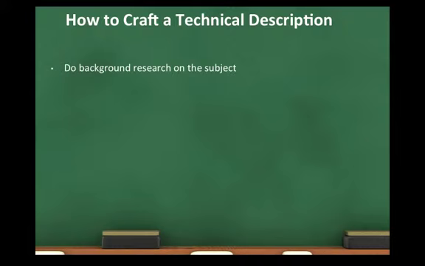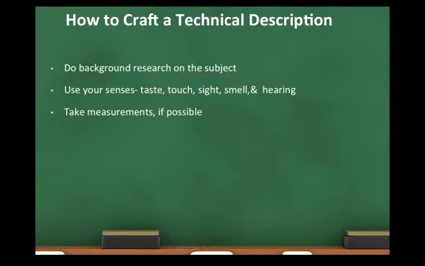All right, so how do we craft these? You can do background research on that particular subject. You can use your senses. Remember, we talked about the 5 senses: taste, touch, sight, smell, and hearing. You could take measurements. You could weigh it. You could look at its length, its width, and its height.